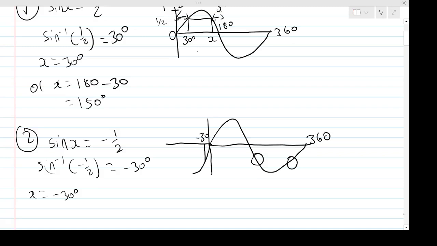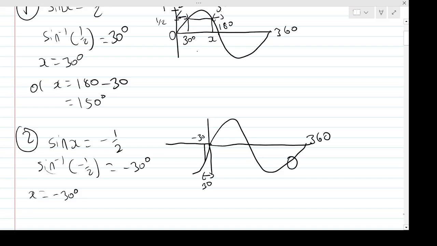What we're going to do then is, again, consider symmetry. The symmetry between minus 30 and 0. That'd be a gap of 30, between those two points.